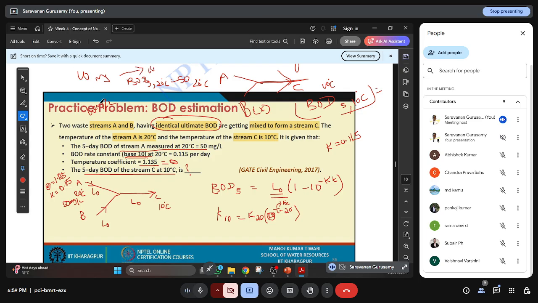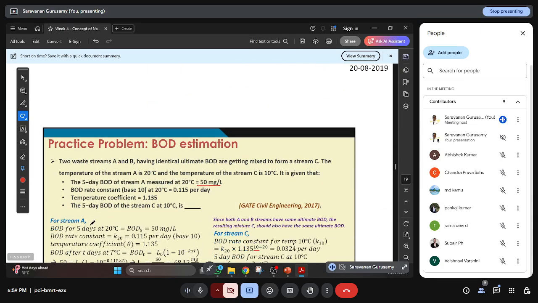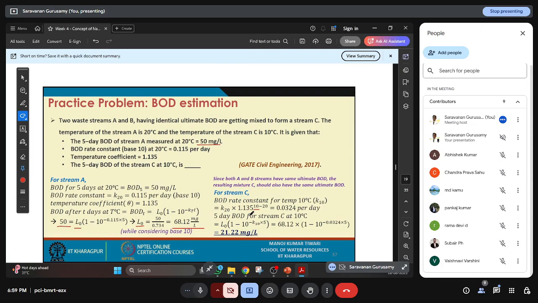It's the ultimate BOD I am saying, not the mixed BOD. Ultimate BOD never changes. BOD will change based on the Q value, but if the ultimate BOD of A and B is the same, then I get the same ultimate BOD in stream C. So the ultimate BOD of A equals the ultimate BOD of C, and I can find the L naught from this value.